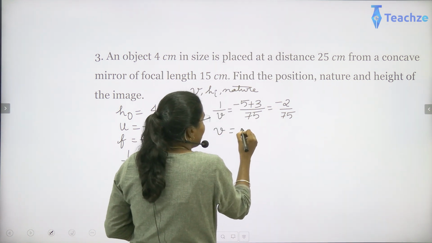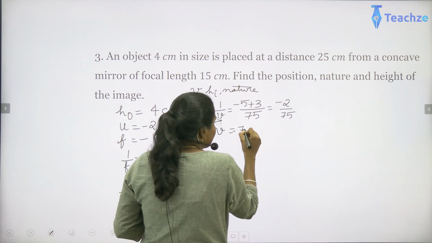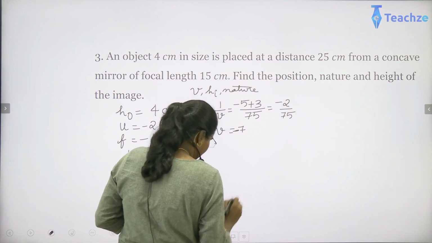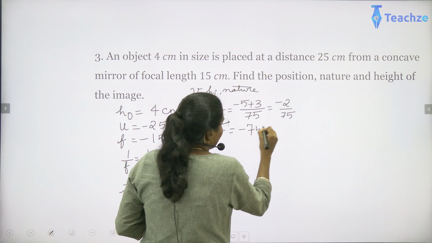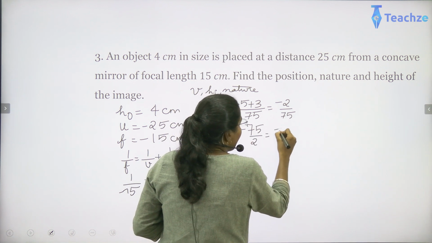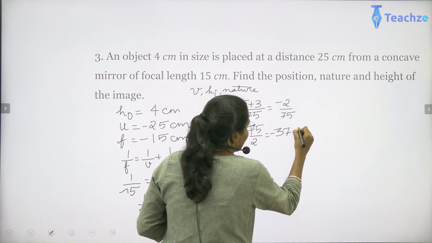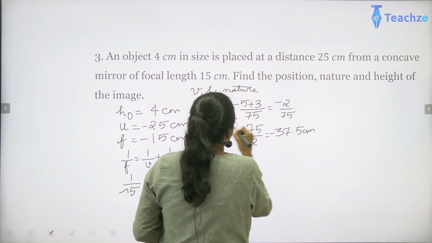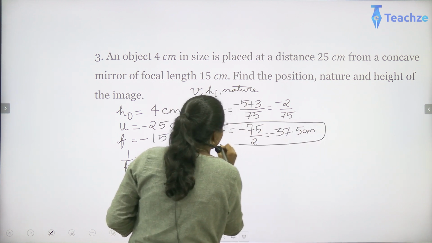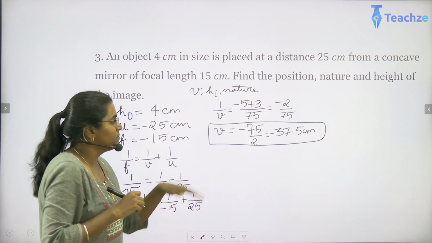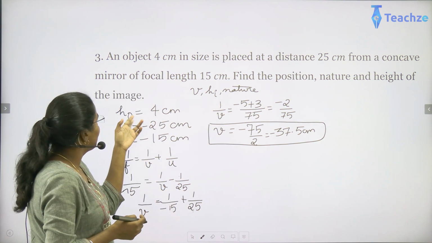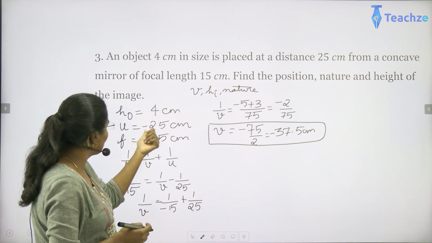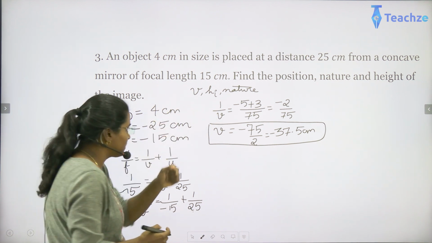My v will be minus 75 by 2, which is also minus 37.5 centimeter. Yes or no? Yeah? Minus 37.5 centimeter.